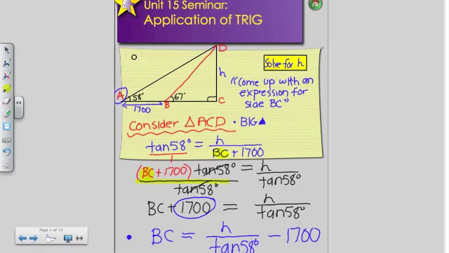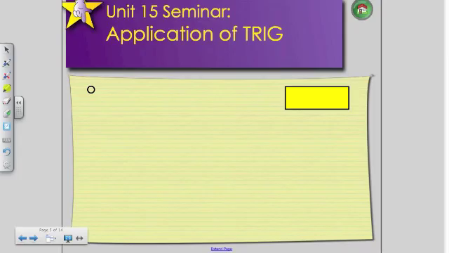Okay, so now I'm going to look at the small triangle within the large triangle, so BCD. Remember, we didn't have any side lengths. However, I knew angle B was 67 degrees, and I'm trying to solve for H. With the smaller triangle, it's much more simple.